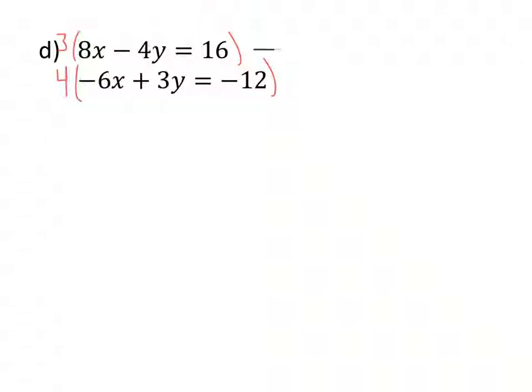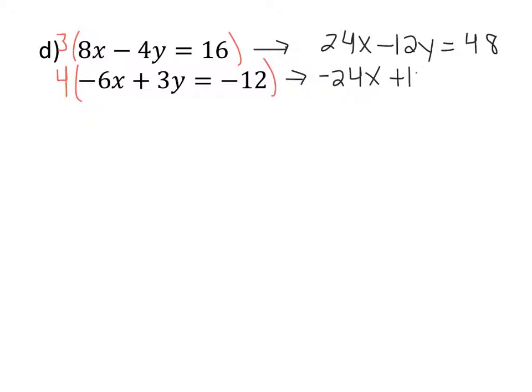When we multiply, we get 24x minus 12y equals 48. Multiplying the second one, I get -24x plus 12y equals -48.